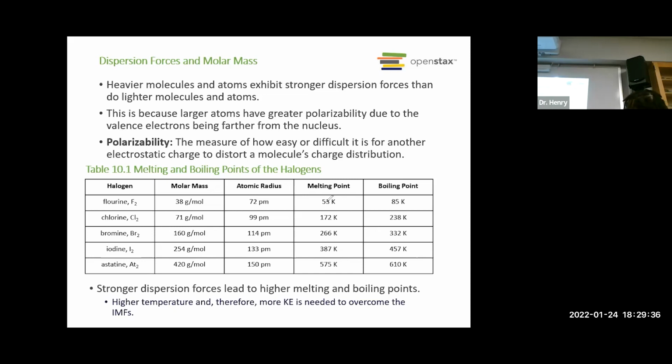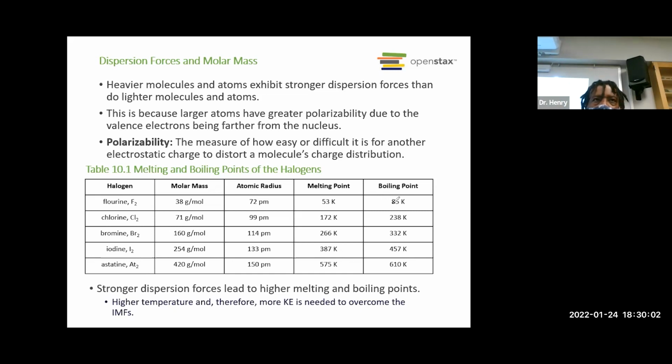Its melting temperature is 53 Kelvin, and its boiling temperature is 85 Kelvin. This makes sense because it's tiny. Remember fluorine? Tiny guy with a big attitude, but he's tiny, right?